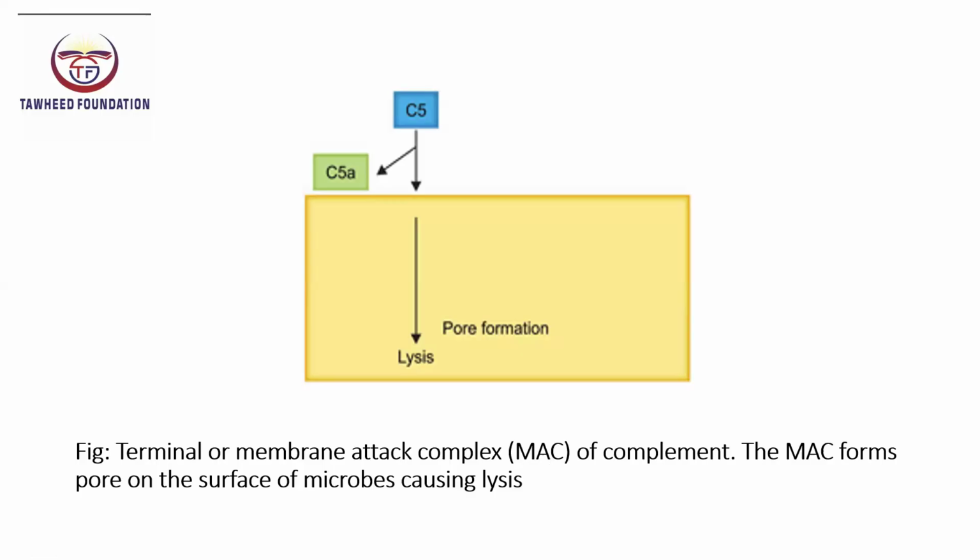It consists of proteins, that is C5b, C6, C7, C8, and many molecules of C9. MAC's function is to punch holes in the pathogen cell membrane, leading to cell lysis and death. So, step-by-step assembly.